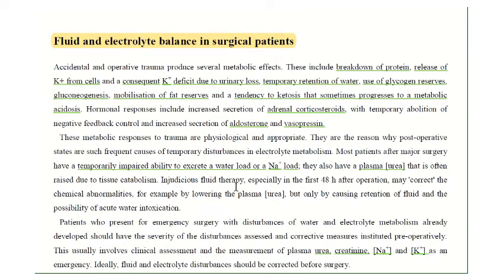Injudicious fluid therapy, especially in the first 48 hours after operation, may correct the chemical abnormalities, for example, by lowering the plasma urea concentration, but only by causing retention of fluid and possibility of acute water intoxication.